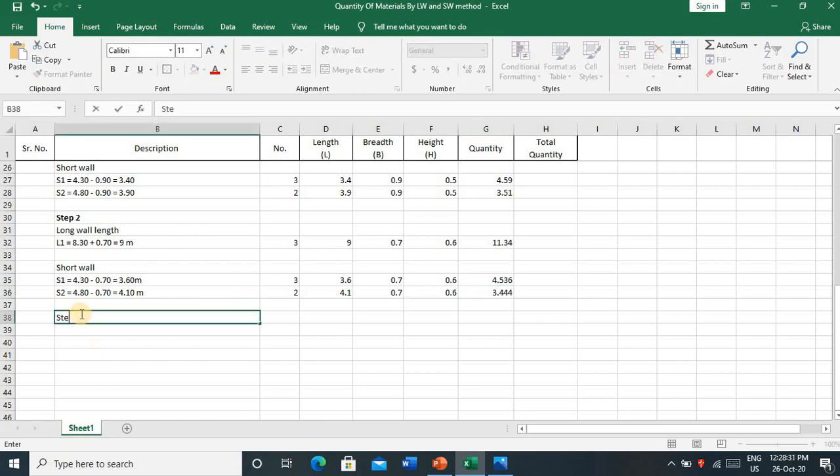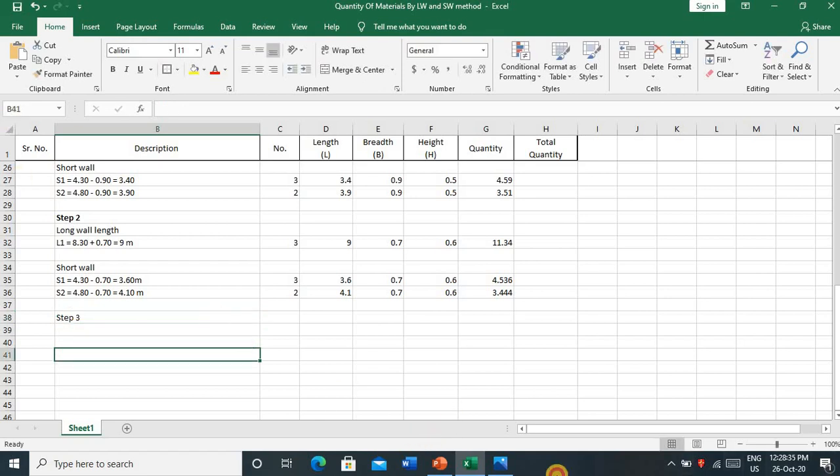Okay, then the last step is step 3. Total 3 steps are there.